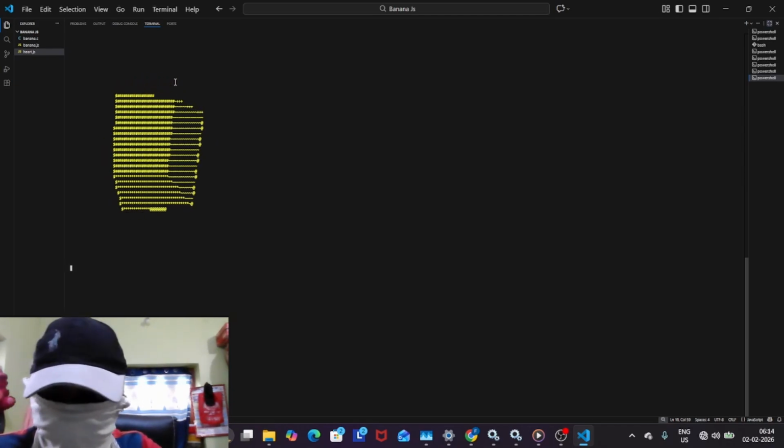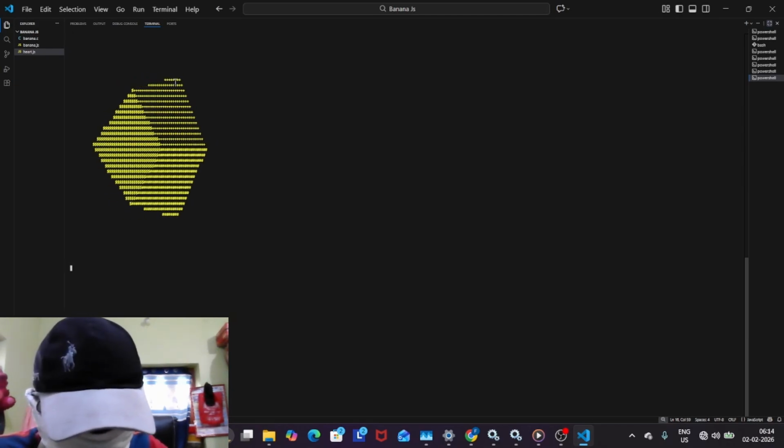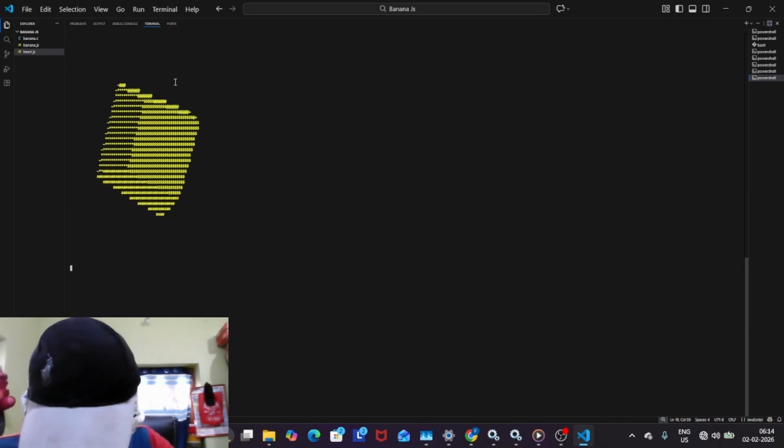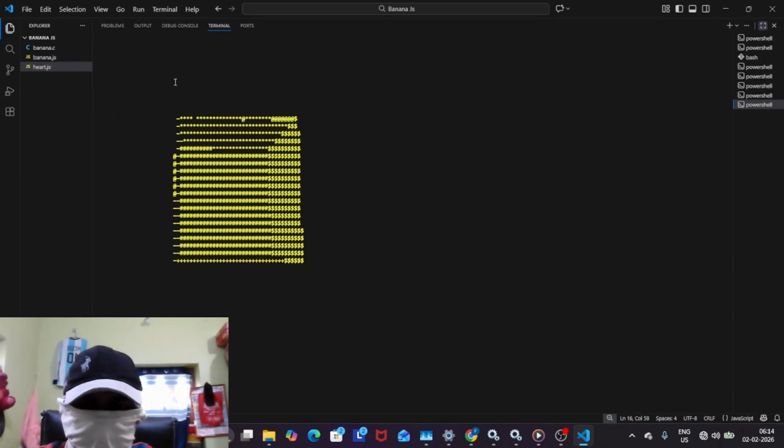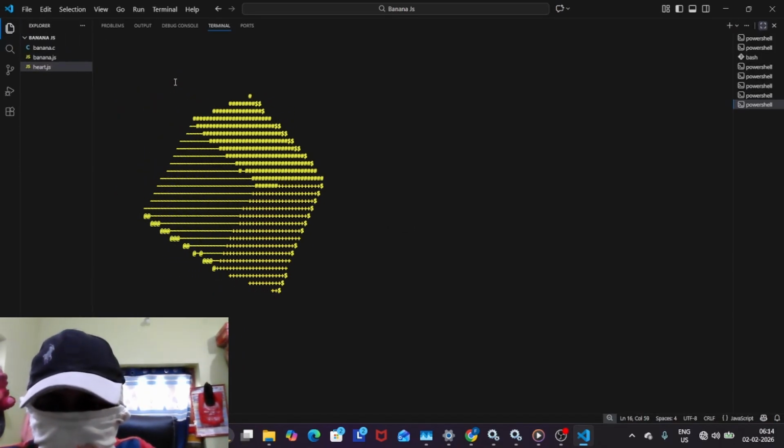And see, this is a cube only. Okay, I'm gonna zoom in. See, a proper cube.